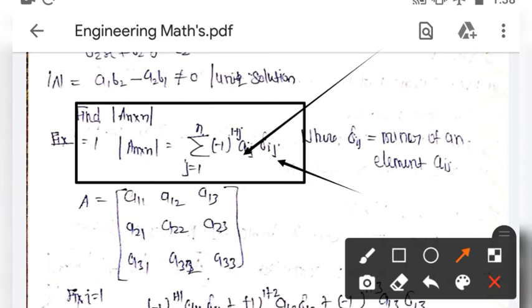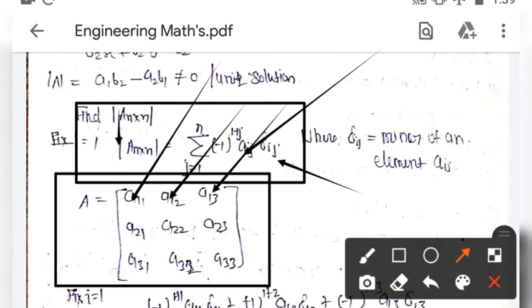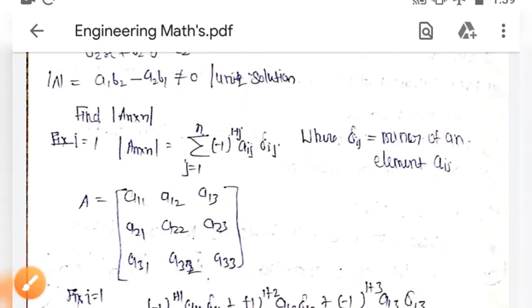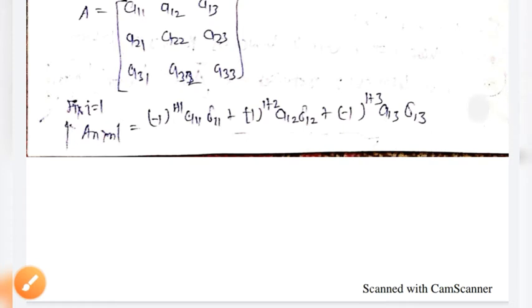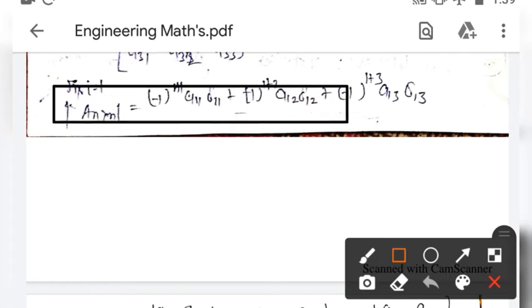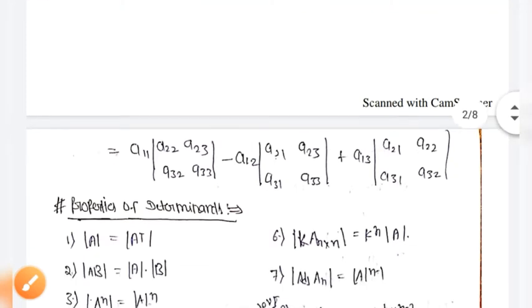Suppose there is a matrix given. We'll look at one general matrix to see how to find the determinant. The elements of matrix A are a11, a12, a13, a21, a22, a23, a31, a32, a33. We have to find the determinant of matrix A. Don't bother about the equation much.